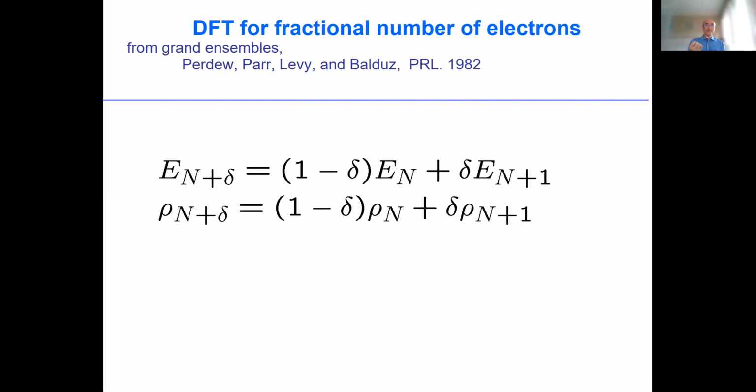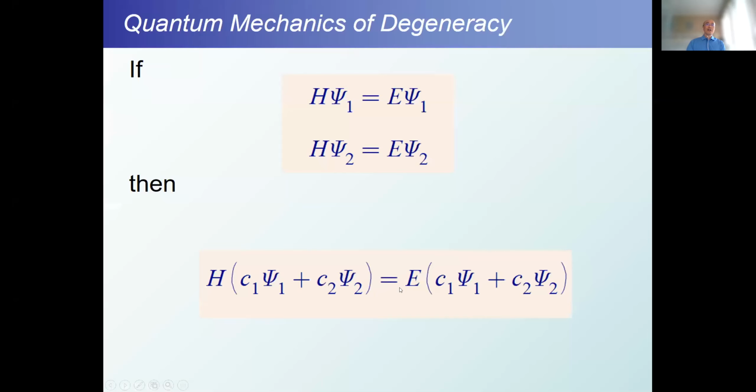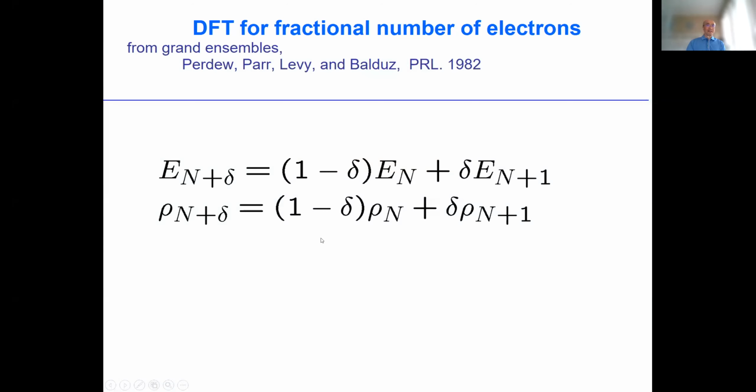So in this ensemble argument, the conclusion is that you can have a fractional number of electrons, but the energy is a linear line between nearby integers. So this is not easily directly connected to the states that we're looking at. When we look at states, we don't have to look at an ensemble. It's a pure state.